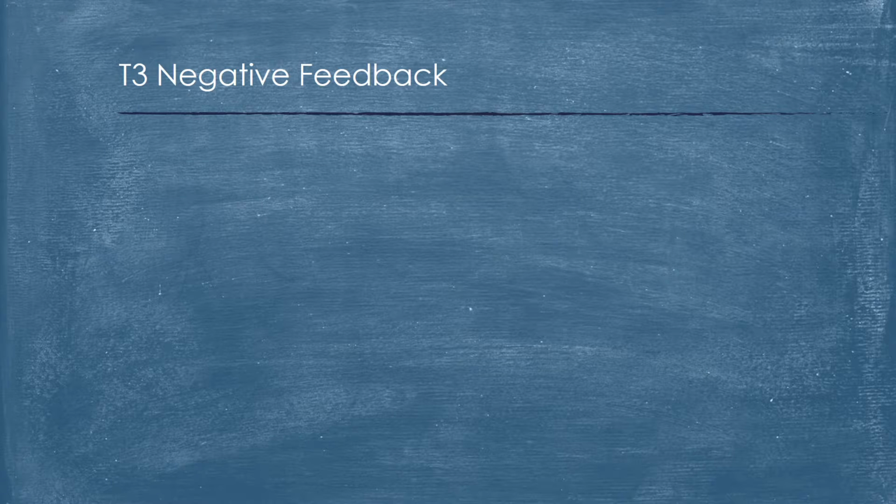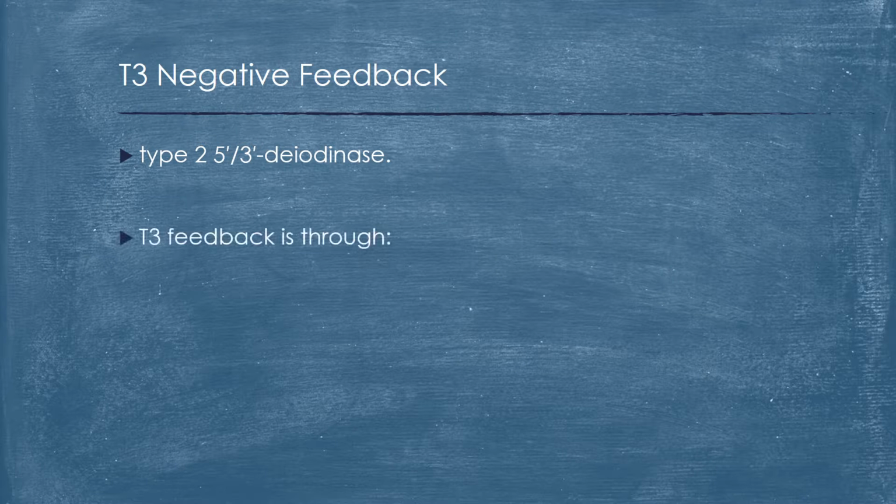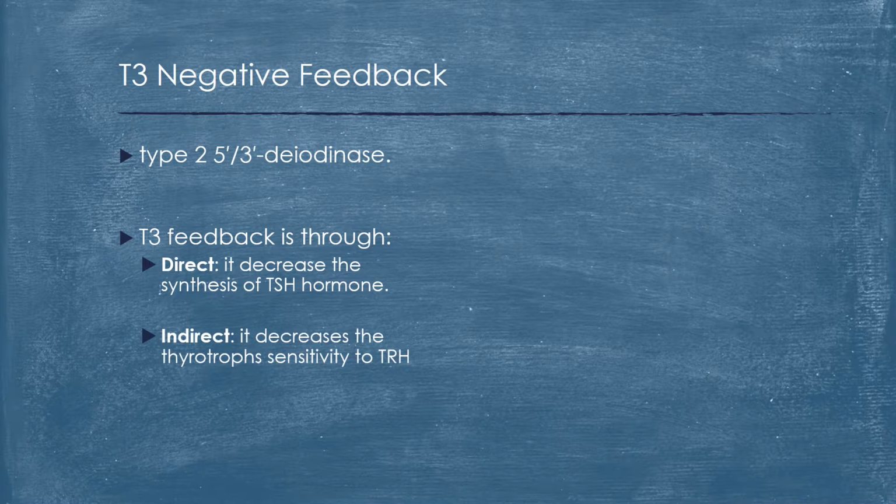So the T3 negative feedback is mediated by the type 2 deiodinase, or outer ring deiodinase enzyme. We've talked about that. It is the type 2 that is present in the pituitary and is responsible for local conversion of T4 into T3. T3 feedback is direct and indirect.